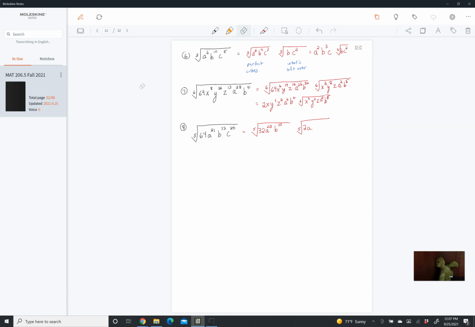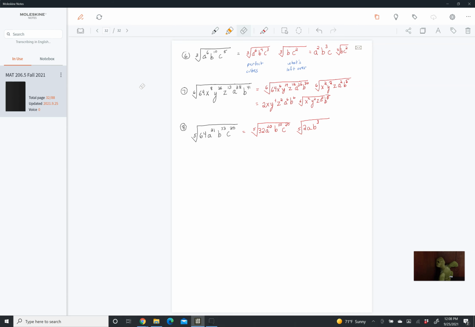Which means what's left over? 3 b's are left over. 30 plus 3 is 33. And the whole c to the 20th goes under the first one because 20 is already divisible by 5.